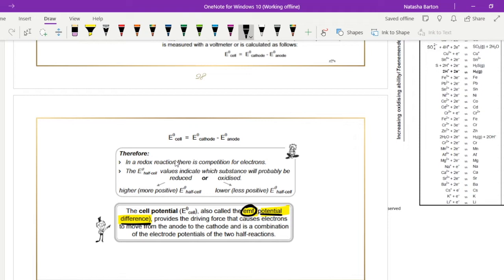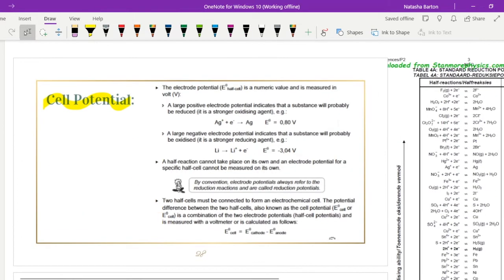An example of a galvanic cell, guys, is any battery in your laptop, in your cell phone, or a battery that you connect to a circuit with a globe. Those are all examples of galvanic cells. In a galvanic cell, chemical energy is converted into electrical energy. A chemical reaction takes place in order to provide us with electricity.